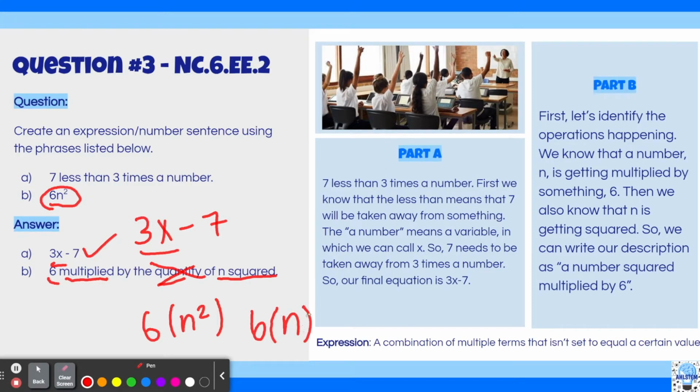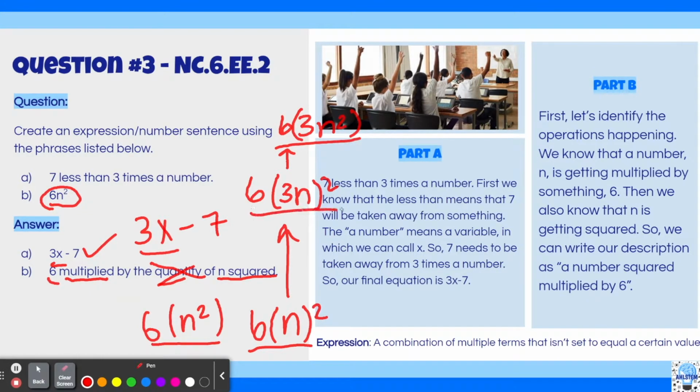The quantity of n squared is just this versus this. They're the same thing, okay? But they're not the same thing when n has a coefficient. So this is not the same thing as this. Okay? Keep that in mind, but yeah, these should be both of your answers.